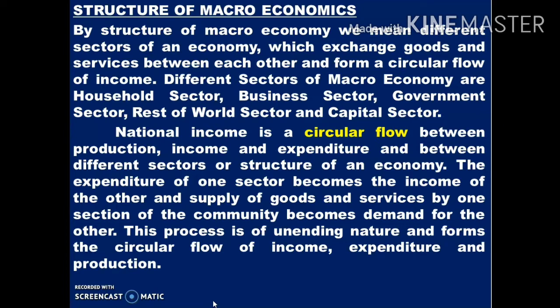The expenditure of one sector becomes the income of the other sector, and supply of goods and services by one section of a community becomes the demand for the other. This process is of unending nature and forms the circular flow of income, expenditure and production.